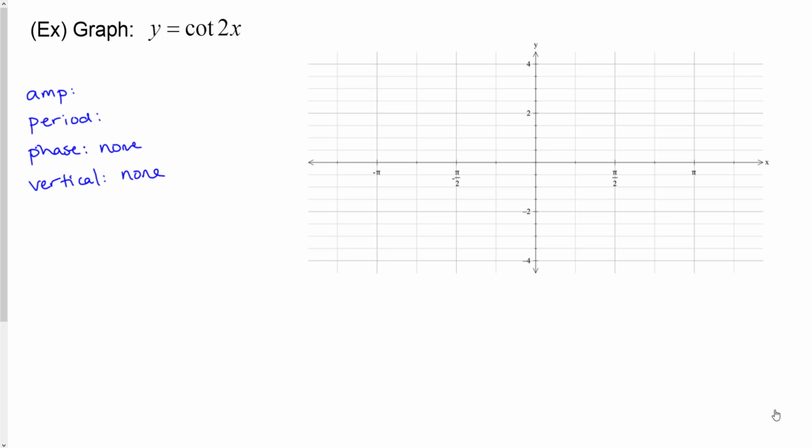You don't want to say that there's no amplitude. Maybe you want to say there's no change, or the amplitude's 1, whatever. The period, however, is affected. The period here normally is pi, but I have a multiplier on my x, so I need to divide by that multiplier. So my period is pi over 2. So I'm going to complete this entire cycle by pi over 2. Now, what I do is just kind of remember cotangent.